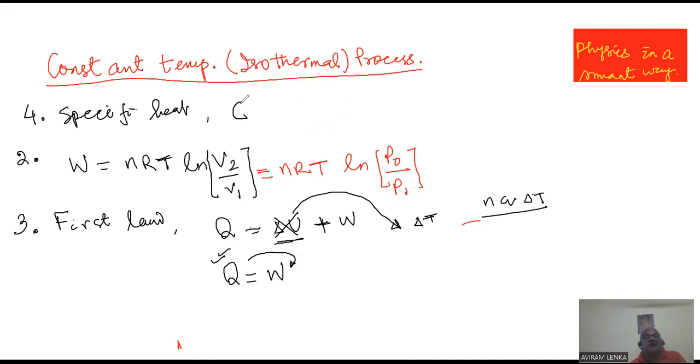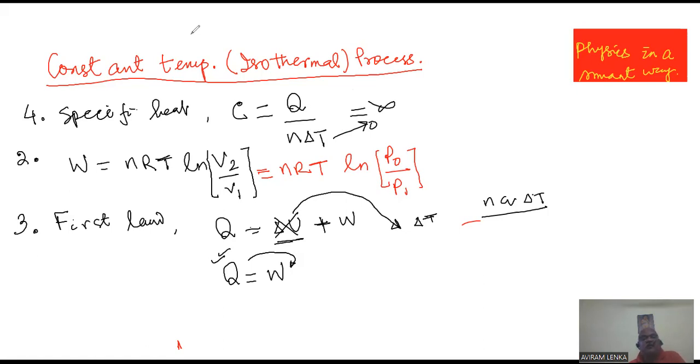Specific heat for any substance, especially for a gas, is Q by n delta T, molar specific heat. But because your delta T tends to zero, thereby specific heat tends to be infinite. So due to that, we could say isothermal specific heat of a substance is infinitely large.